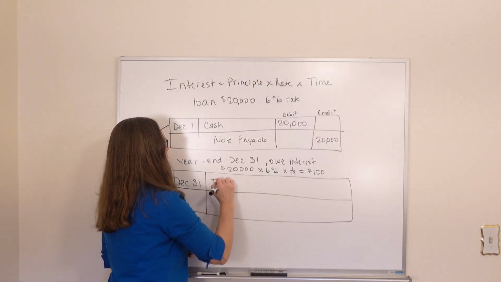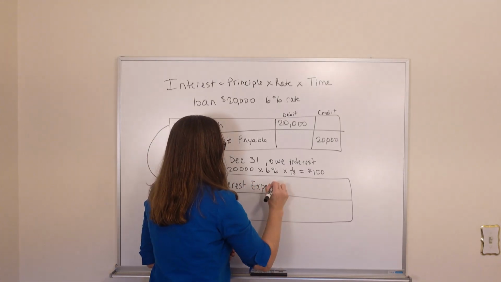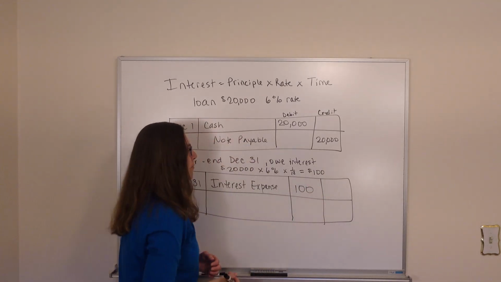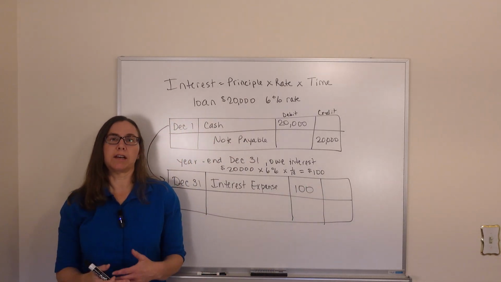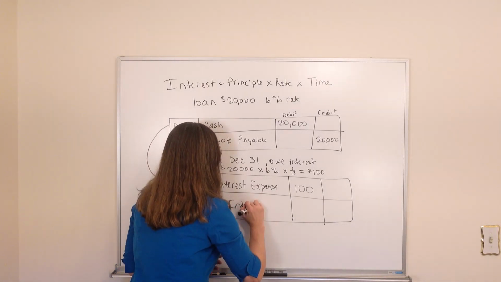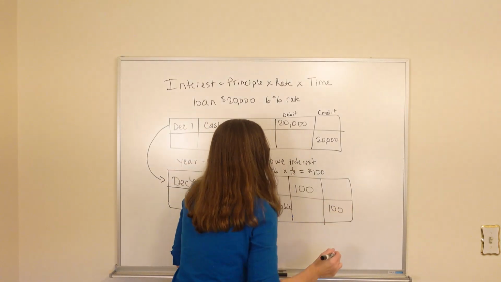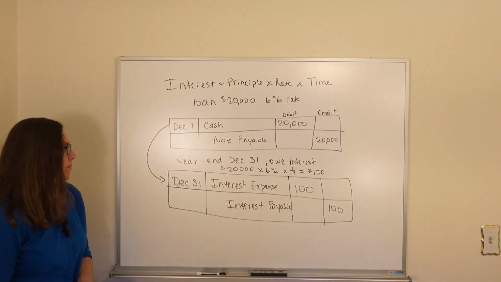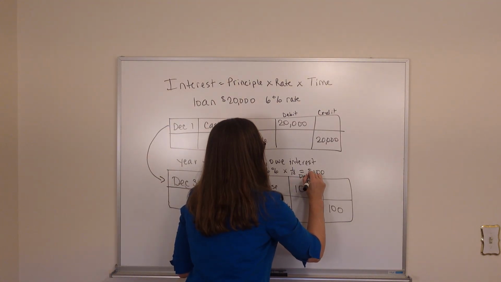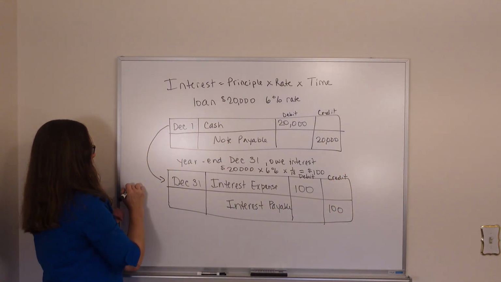So you would debit interest expense for $100, and they haven't paid the interest yet, so you're going to credit interest payable for $100. And that's all you would have to do. So let me fill this in. This is a debit, this is a credit, and this is your adjusting entry.